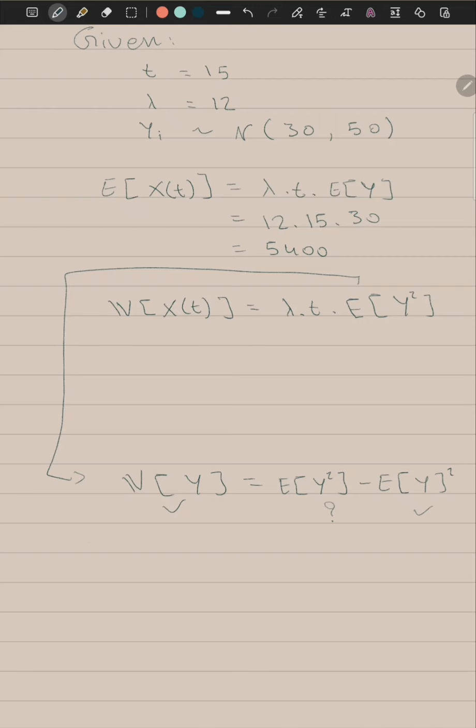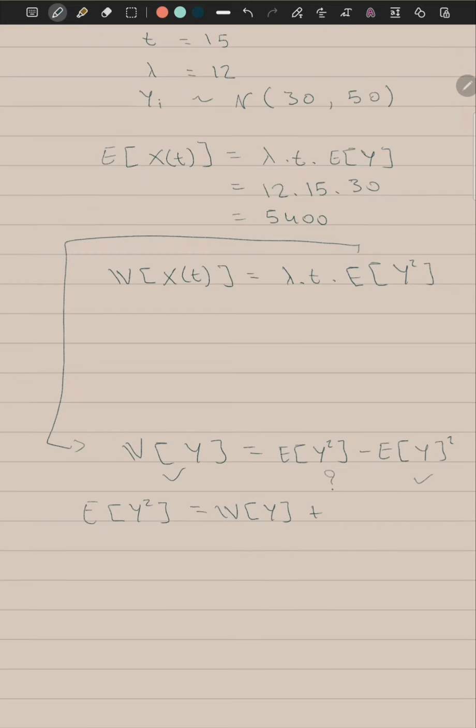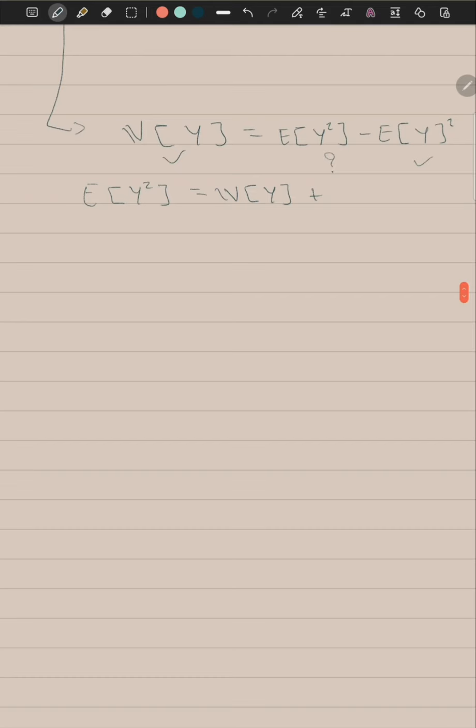So to find it, we can simply say the expected value of Y squared is equal to the variance of Y plus the squared expected value.